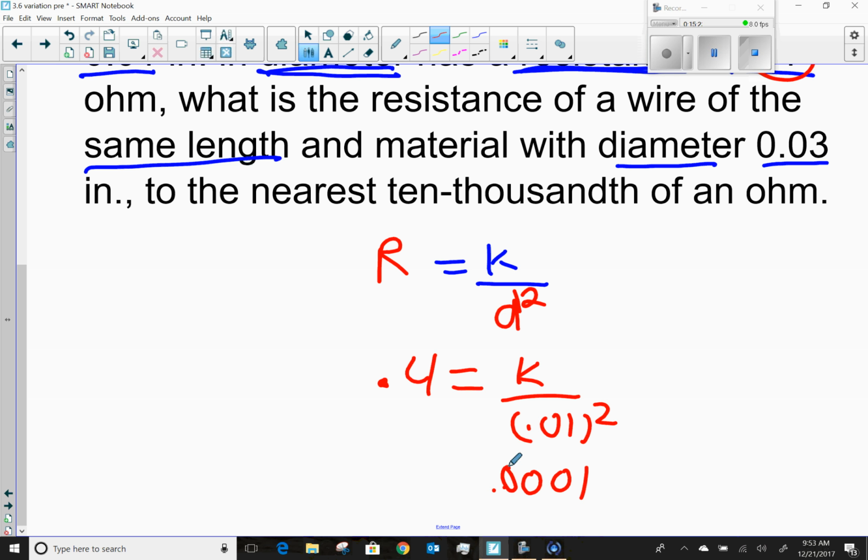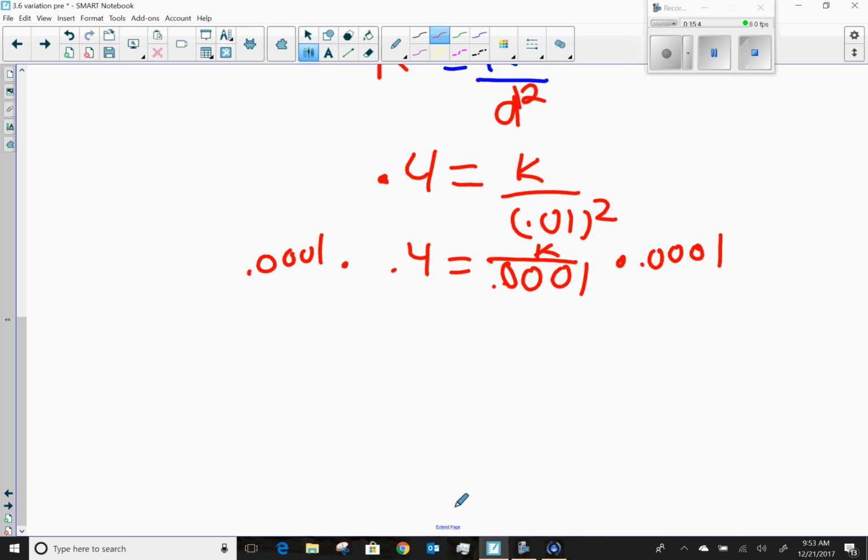And over, K equals 0.4. Then we multiply by 0.0001 on both sides, 0.0001 times 0.4. So K is equal to 0.00004. So there's our K.